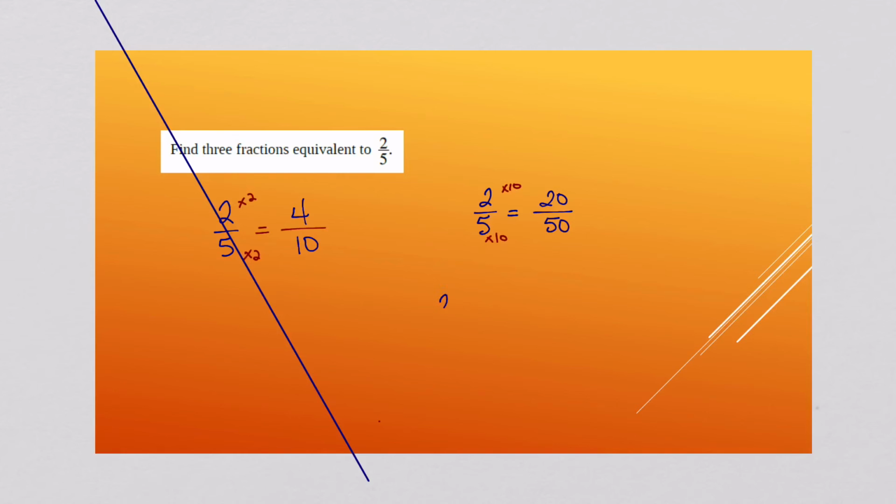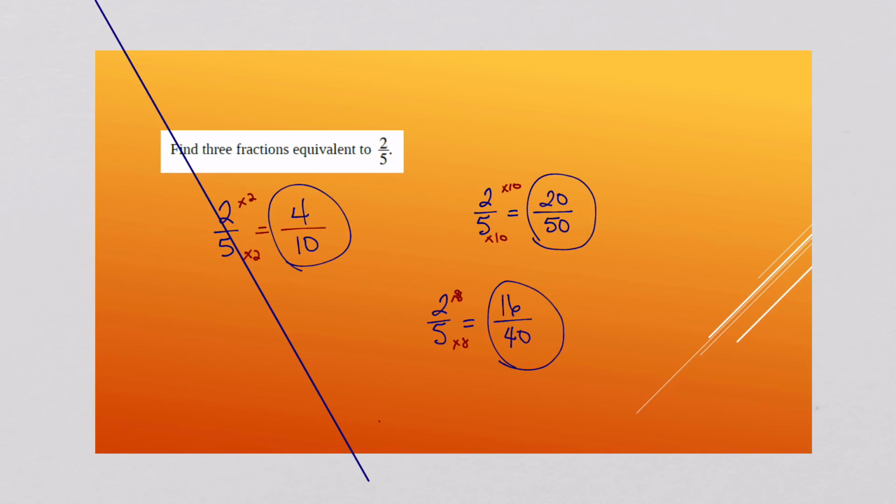Pick another number, let's say 8. So I'm going to multiply the top by 8, and the bottom by 8. So the top gives 16, and the bottom gives 40. So right here, these 3 fractions are all equivalent to 2/5.